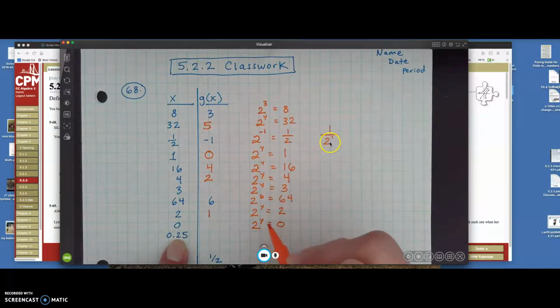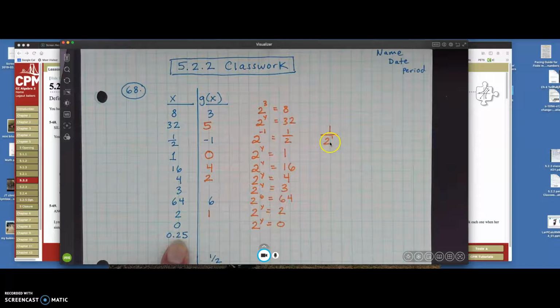By the way, think about a number for y, like 2 to the what power, maybe 5, or maybe -5, or maybe 0.1. No matter what, there is absolutely no way that you can raise a power to some number and have it come out to equal 0.